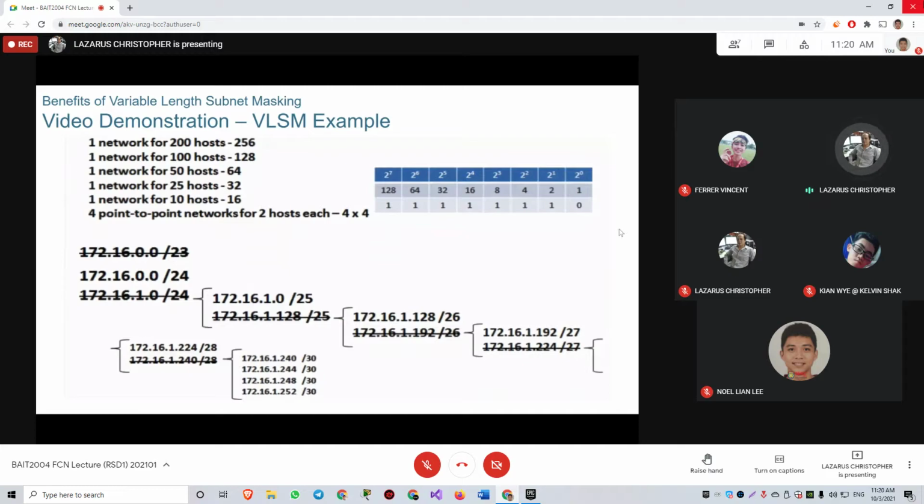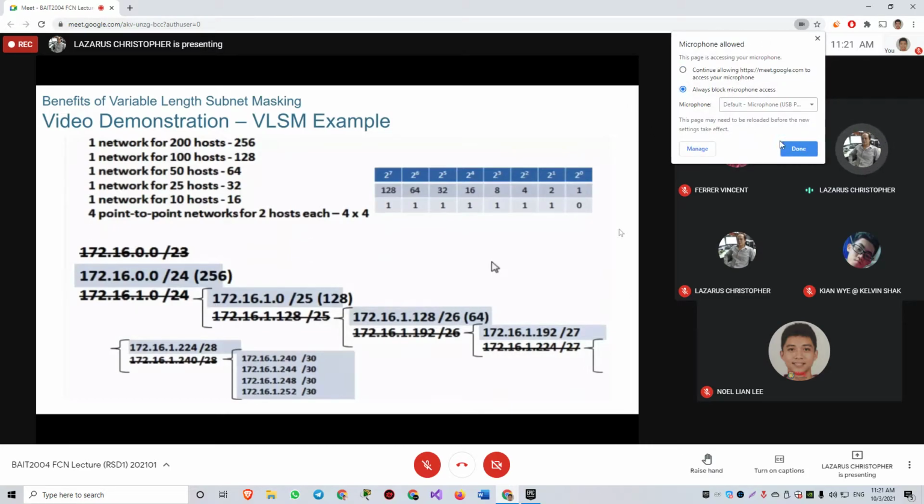Looking at the subnets that have been left, we have the 172.16.0.0/24 subnet. This is good for 256 hosts. We have the 172.16.1.0/25 subnet. This is good for 128 hosts. The 172.16.1.128 subnet /26 is good for 64 hosts.